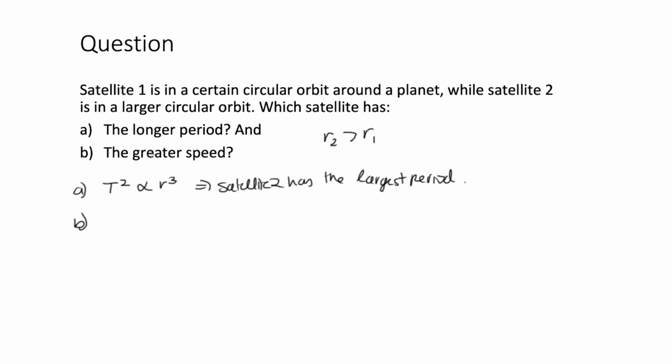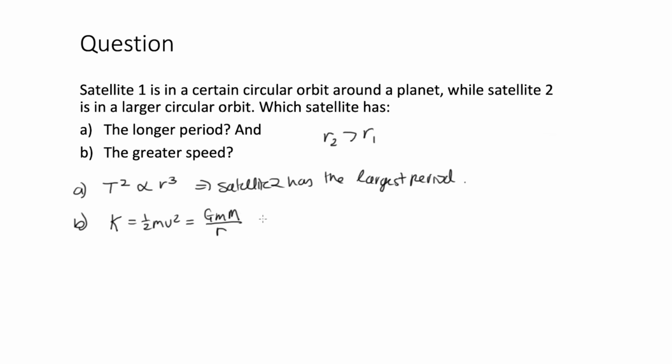Now in part B, it's asking us about the speed. So possibly you remember the speed question that we did before, and we approached this one in a similar way. So to think about the speed, we know that K, the kinetic energy, is equal to a half mv squared, and it's also equal to GMm over r.